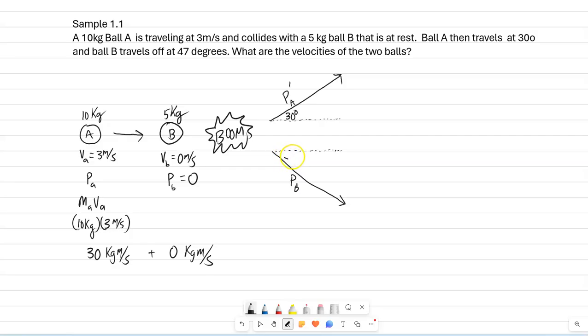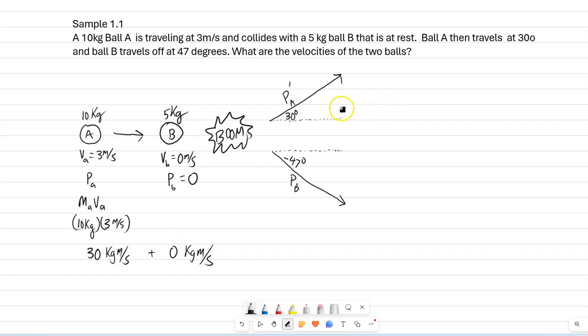So we're going to say that's at negative 47 degrees as such. And so what we need to do here is find the x and the y components of the momentum A and momentum B. Let's start off with momentum in the x direction first.